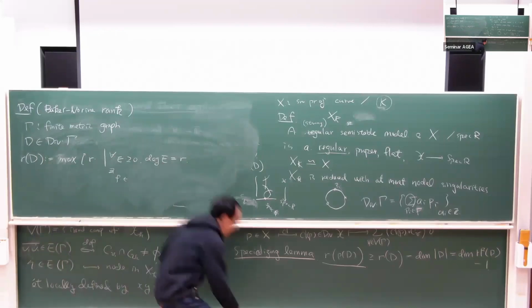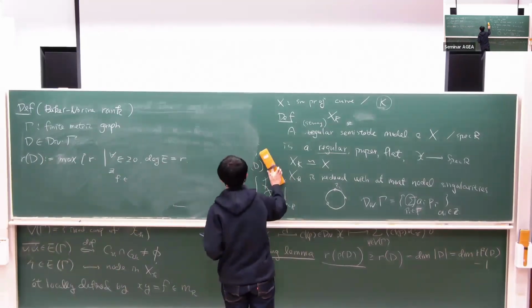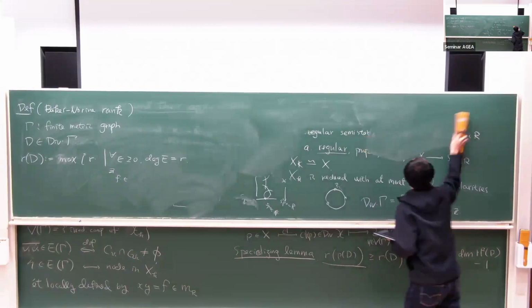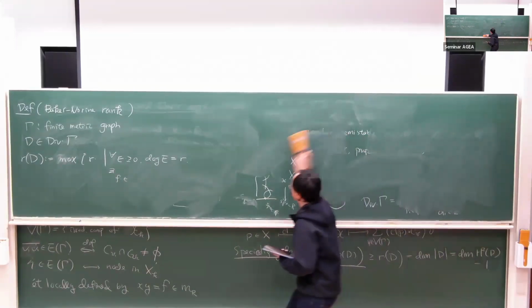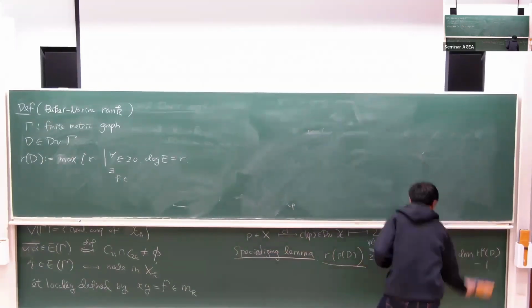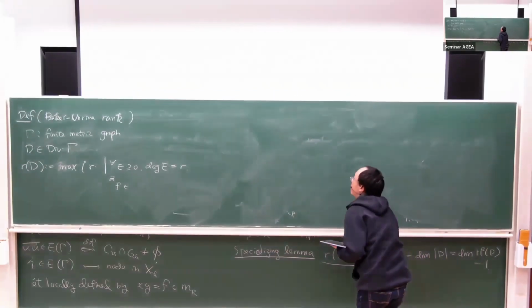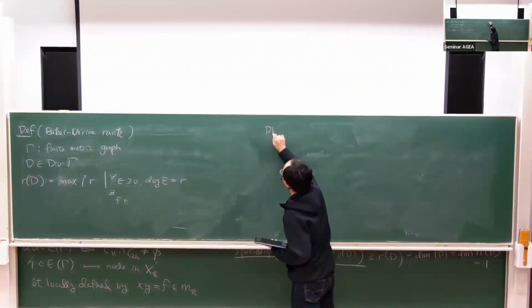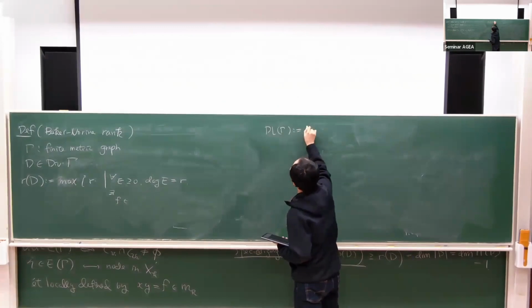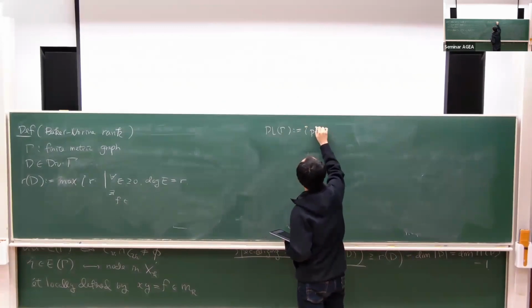Sorry, I forgot to define something before, so let me define something else very quickly. So PL gamma, as we defined before, is the piecewise linear functions.